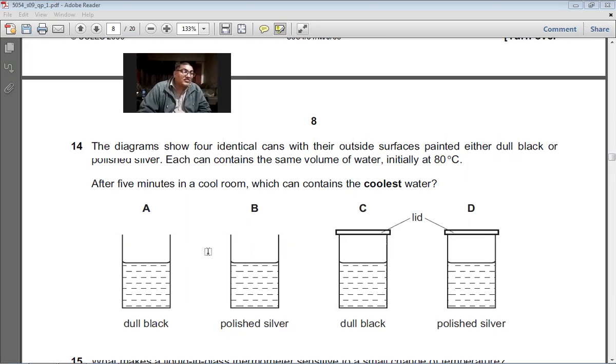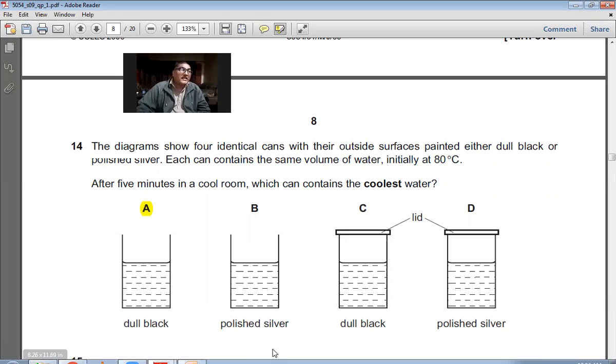So I think the open ones will be the coolest, and between them, the coolest one will be whose color is dull black, because dull black is a very good emitter of infrared radiation. So the coolest one will be A, because its lid is not there and its color is dull black. So I think A is the choice.